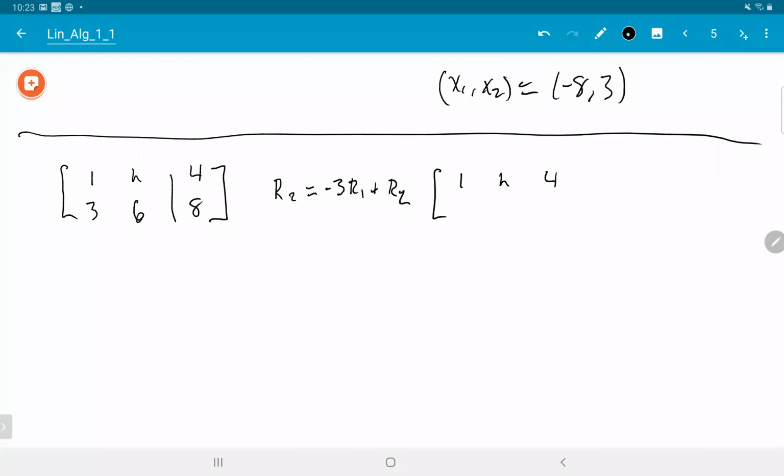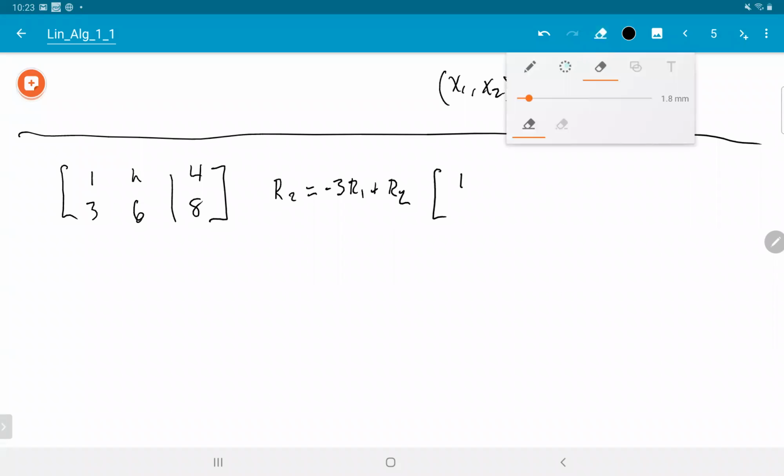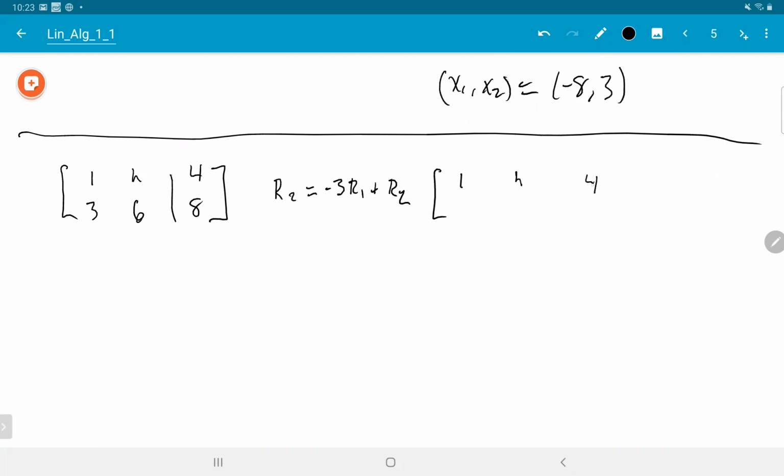Then this will be 0, and then this will be 6 minus 3h, and then this last one will be, well, we've got 4 times 3 is 12, so 8 minus 12 is -4.